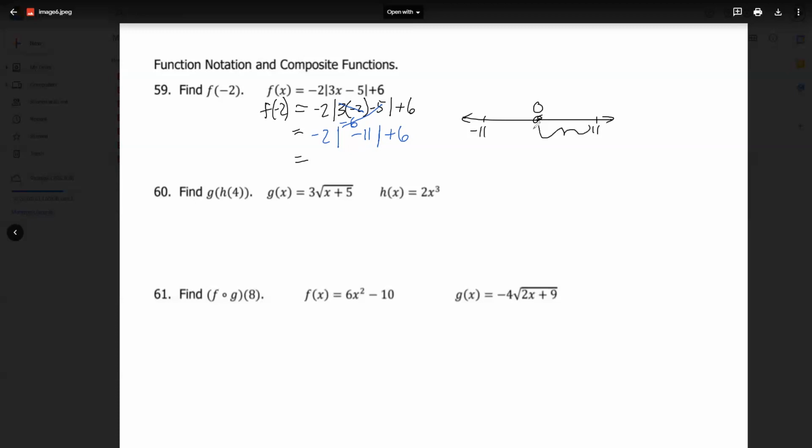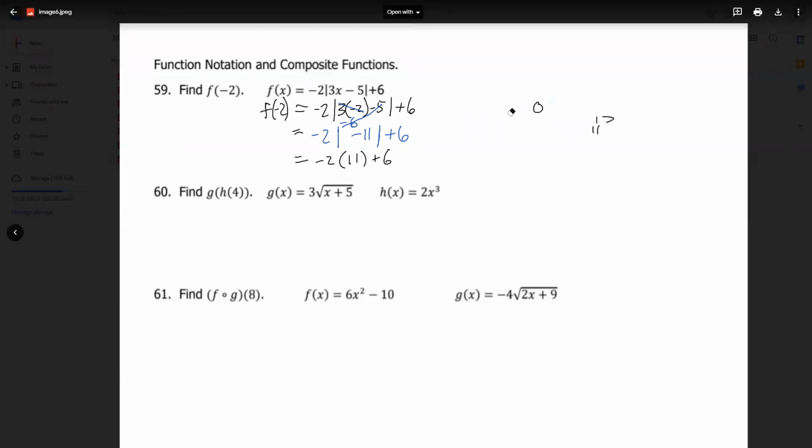And that's all that absolute value really shows. So I'm just going to rewrite this now as -2 times 11, and I'm putting that in parentheses to remind me that these are still being multiplied, so I don't make any mistakes there either.